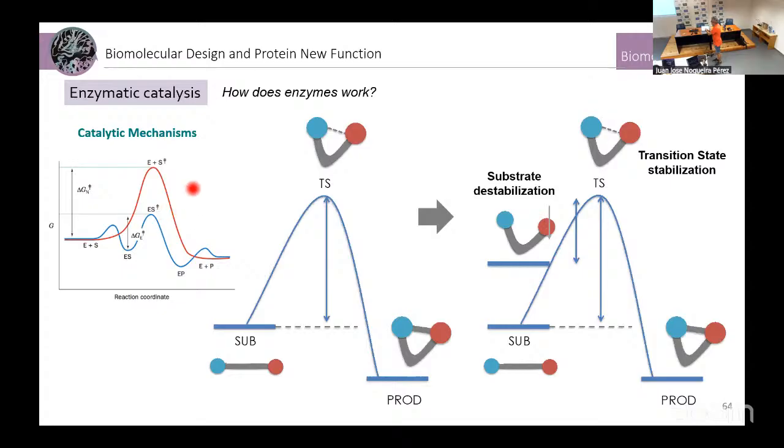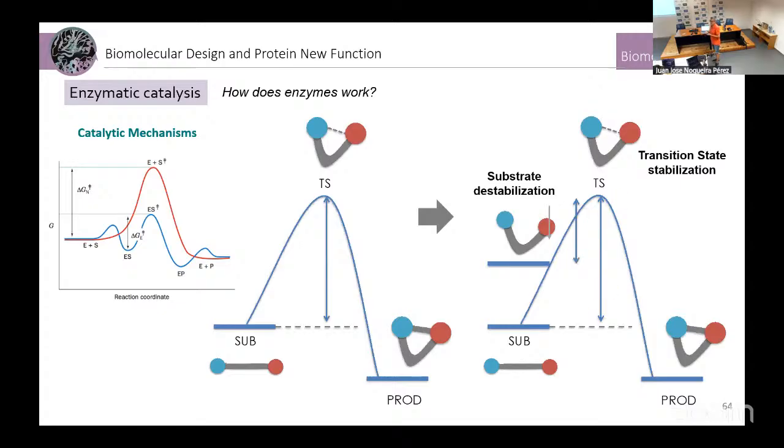And what an enzyme does is to first form a substrate-bound complex, stabilizing the transition state and generating the product. This can be done in many different ways, but once the substrate is bound, strategies that enzymes have to catalyze a reaction are, for example, substrate destabilization, so we make the activation barrier lower, or stabilizing the transition state, so we also make the activation barrier lower.